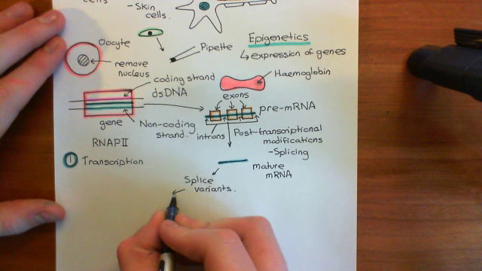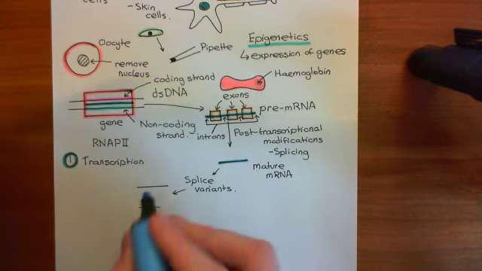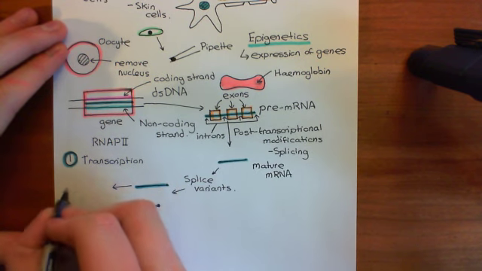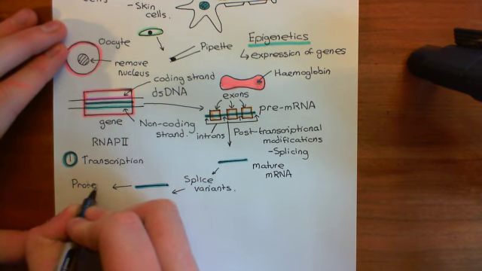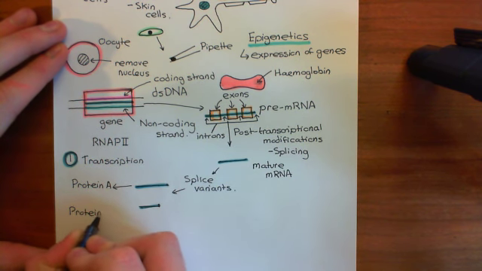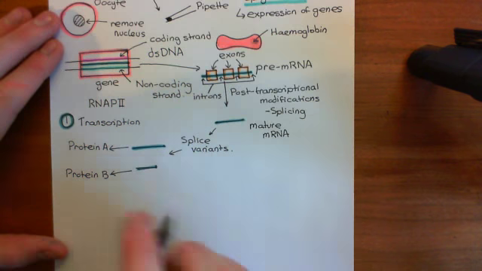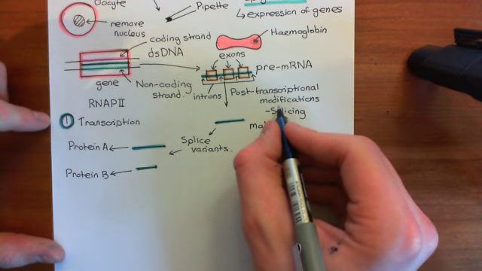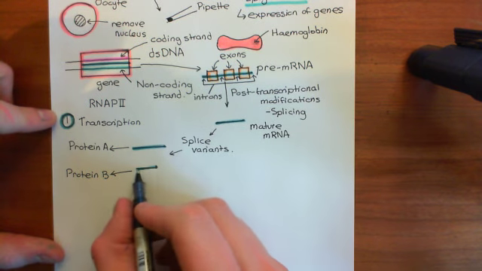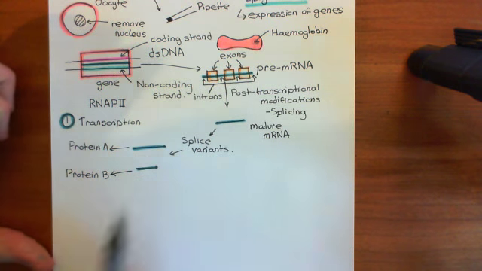So if you've got multiple splice variants, let me draw this. Let's say one is the long one and one is the short one here. Let's say the long one produces protein A, whilst the short one produces protein B. Then if you want to stop the cell from making protein A, you could modify the post-transcriptional modification machinery so that it always results in the pre-mRNA being spliced to this shorter form, and therefore you produce loads of protein B but no protein A anymore.